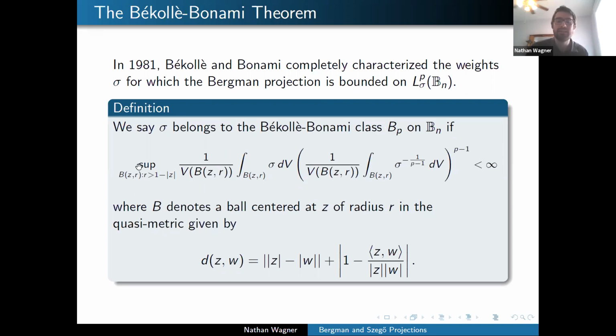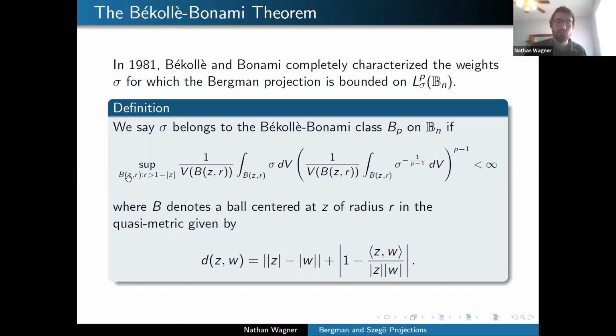So again, we're looking at the supremum of the average of the weight on a ball times the average of the reciprocal power of the weight raised to a power on a ball. And the only difference is that we're looking only at balls B(z, r) so that r is greater than 1 minus mod z. Well, what's 1 minus mod z? That's the distance of z to the boundary of the ball.